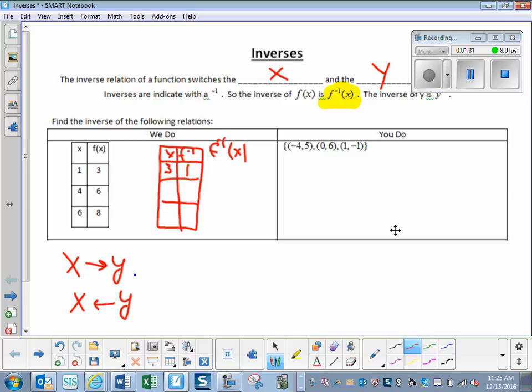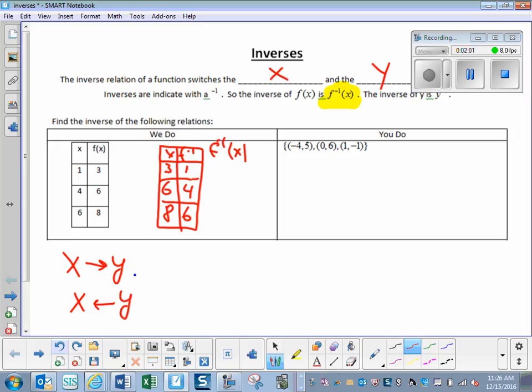And instead of (4,6), I get (6,4). And then (6,8) becomes (8,6). You see what's happening? The original function gives you x to y, and the inverse gives you, for that value of y, the x. So it inverses the relationship, the dependency. Questions about this? Okay.